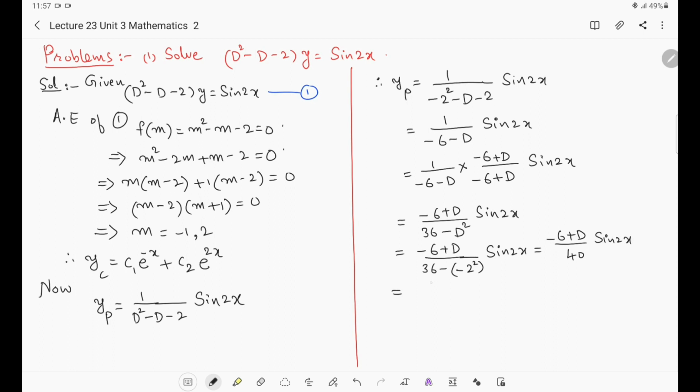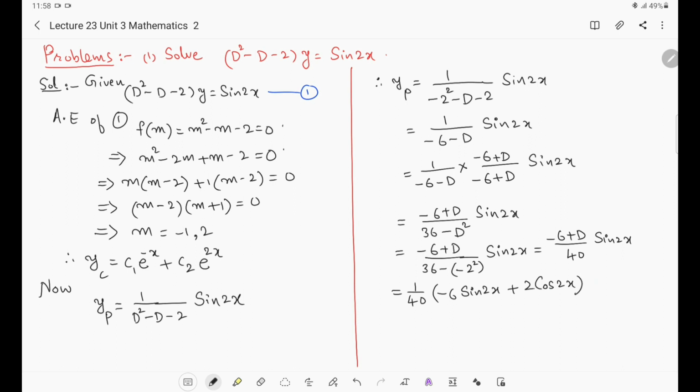Right. Further simplify, what we will get? 1 by 40 as it is we can write, then minus 6 multiplied by sin 2x, then plus D into sin 2x, derivative of sin 2x. What we will get? Derivative of sin is cos 2x into derivative of 2x is 2, right.